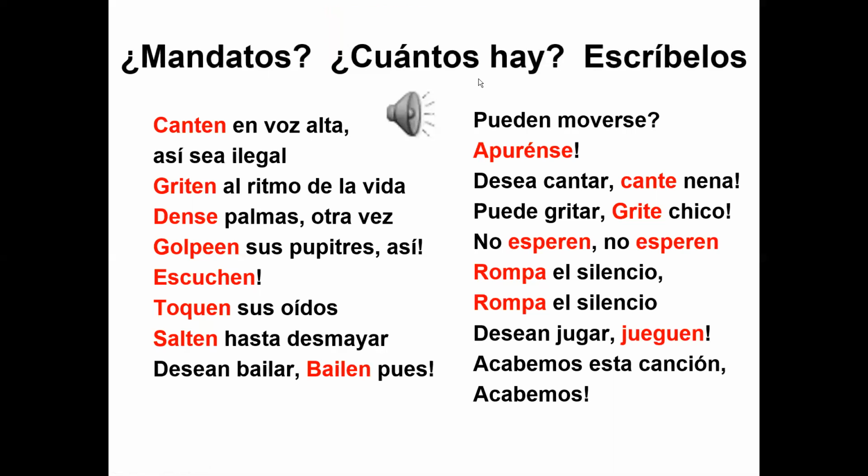Escuchen, toquen sus oídos, salten hasta desmayar. ¿Desea bailar? Baile pues. ¿Puede moverse? Apúrese. ¿Desea cantar? Cante, nena. Puede gritar.